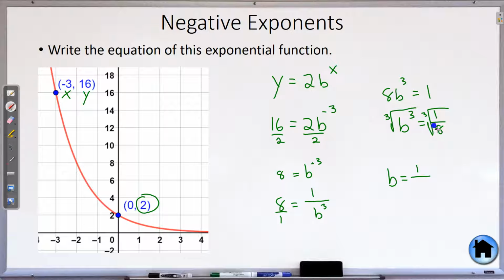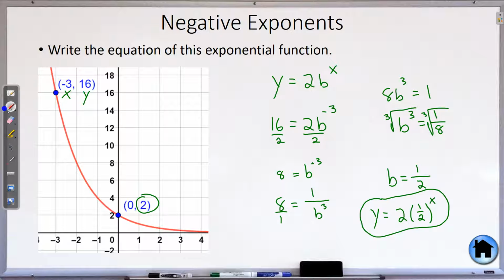And hopefully we kind of know that the cube root of 8 is just 2, because 2 times 2 times 2 is 8. And so we get b is equal to 1/2. Now remember, we're writing an equation. So our full equation is y is equal to 2 times 1/2 to the x. So there is our equation.